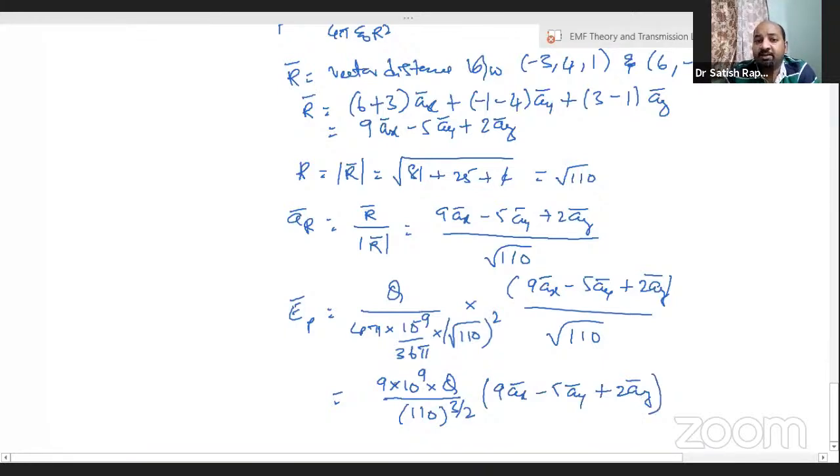So this is the electric field due to the point charge.